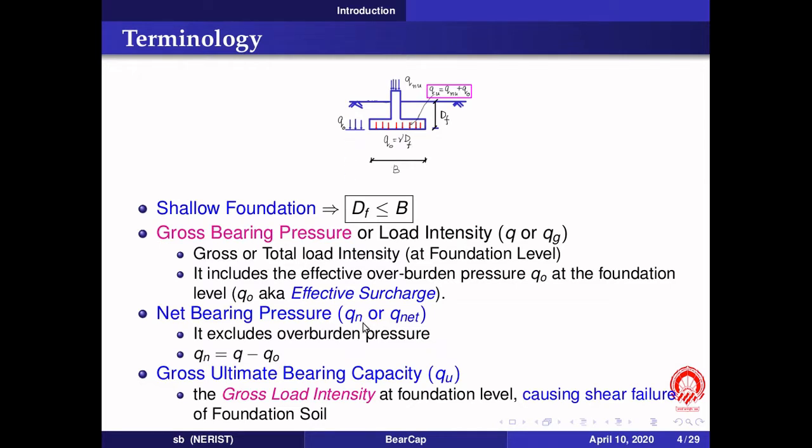Now at the verge of failure, whatever gross pressure the soil can take will be called the gross ultimate bearing capacity. It is denoted by qu, where u stands for ultimate. So it is the gross load intensity at the foundation level which causes the shear failure of the foundation soil. That means the soil will be at the verge of shear failure.